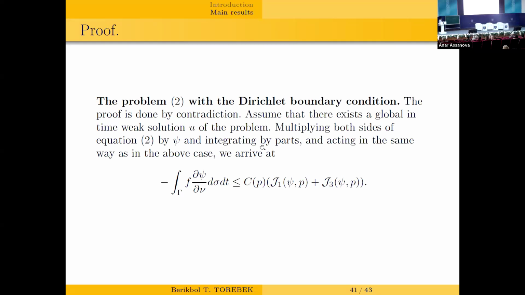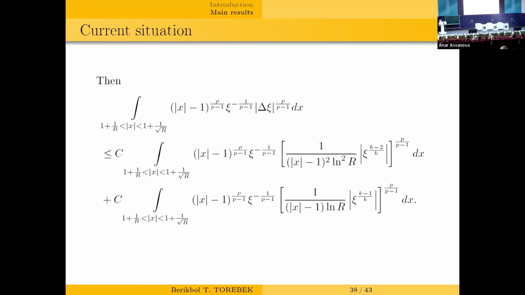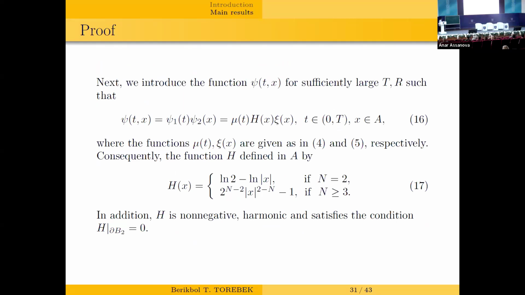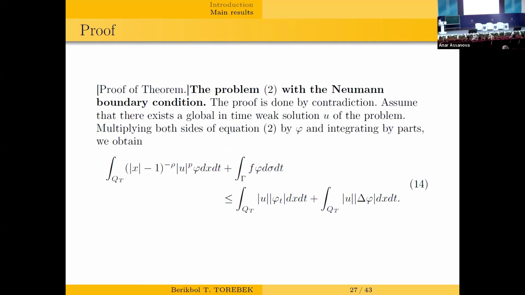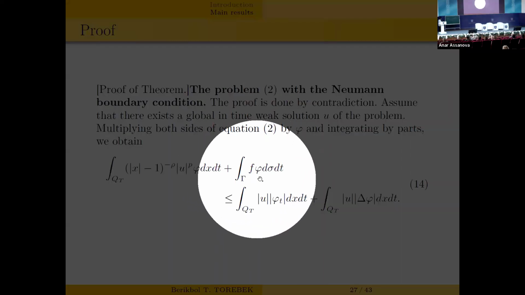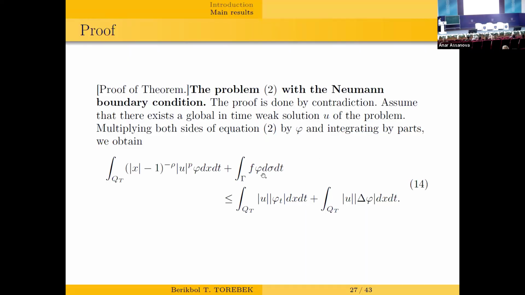Here we can also multiply our equation by the test function psi and integrate by parts, and finally we have almost the same inequality as this one, a little bit differently. Instead of phi, it will be the normal derivative of the test function psi.